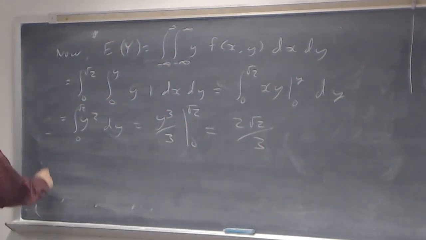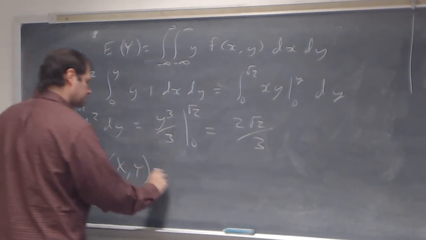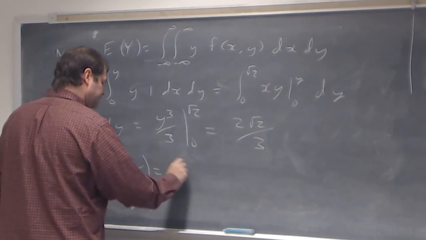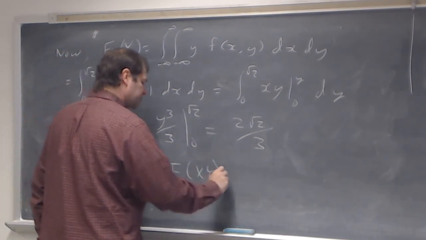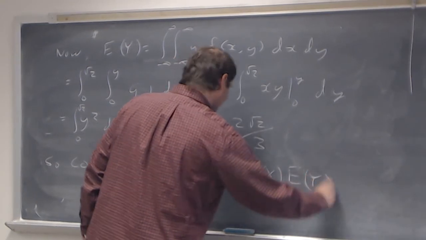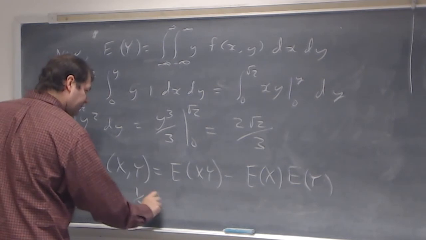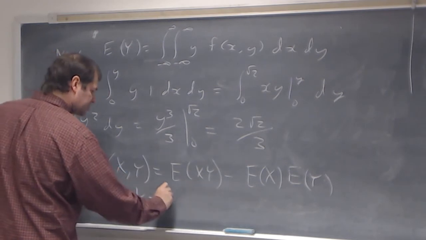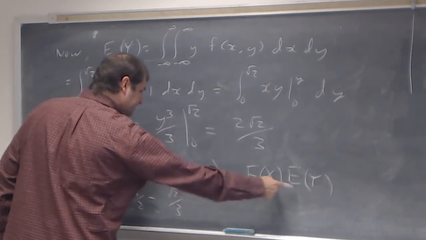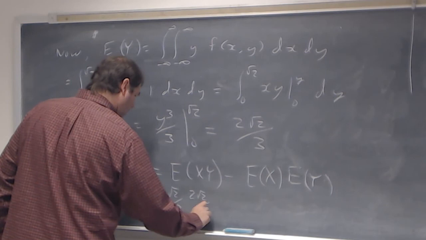So the covariance between x and y is going to be equal to the expected value of x times y, which we calculated, minus the expected value of x times the expected value of y. And we have numerical values for each one of these. This is going to be equal to 1/2 minus the square root of 2 over 3, the expected value of x, times 2 times the square root of 2 over 3, the expected value of y.